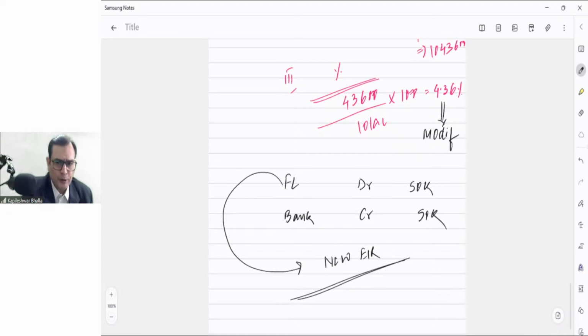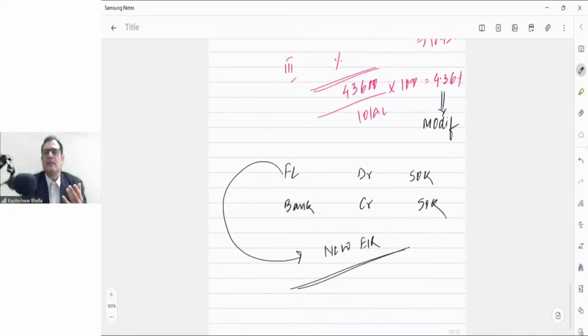In order to calculate the new effective interest rate, you can think from the perception of an investor. From the point of view of the investor, if you look at the cash outflow, the cash outflow is now 9.5 lakhs because the book value of the liability was 10 lakh rupees. You made a reduction to the extent of 50,000 on account of the TC.